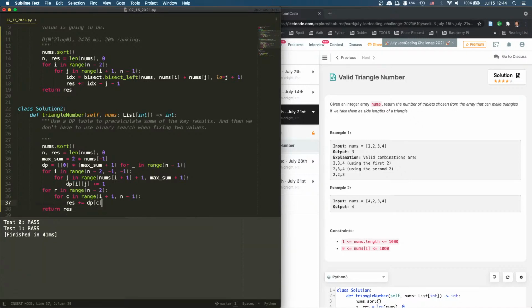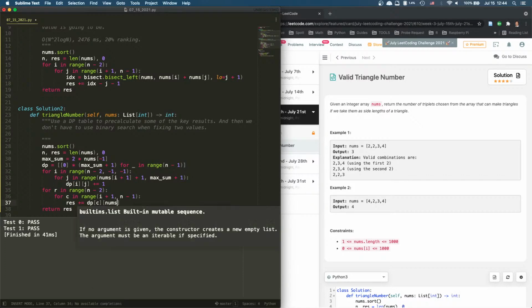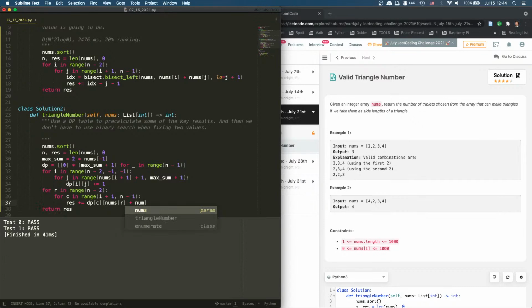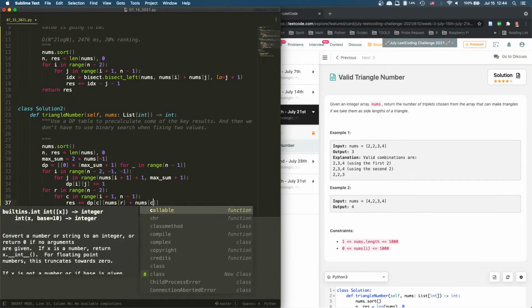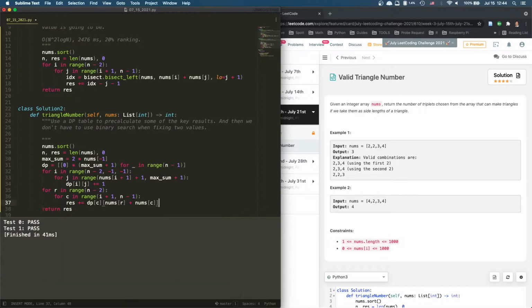Row is C. That's where we are at. And then the column is going to be nums R plus nums C. So nums R plus nums C. And we say that's how many, I think that's the 1.